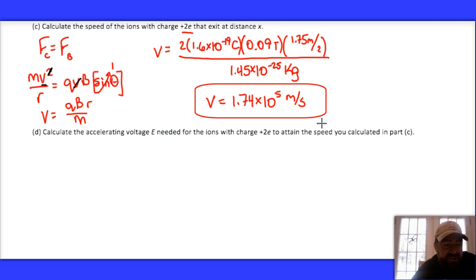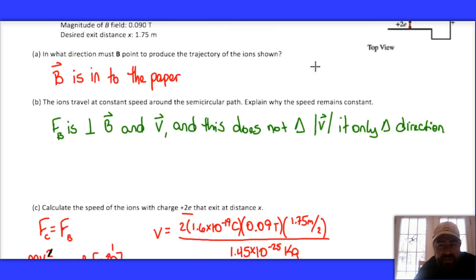Part D then goes on to say, calculate the accelerating voltage V needed for the ions with charge 2e to attain the speed we calculated in part C. Again, this is something you'll see from time to time, so let's take a look at this picture real quick.